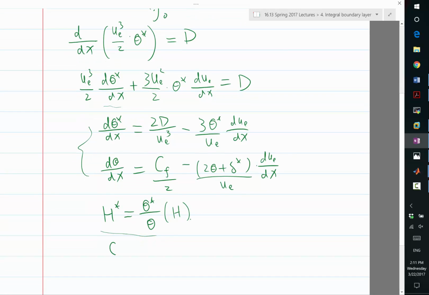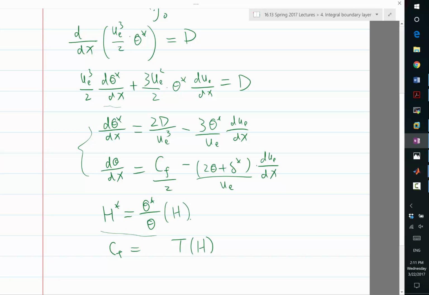And then we already know that Cf can be modeled as a function of H, right? T can be modeled as a function of H, and T is defined as Cf scaled with the momentum thickness of the boundary layer.